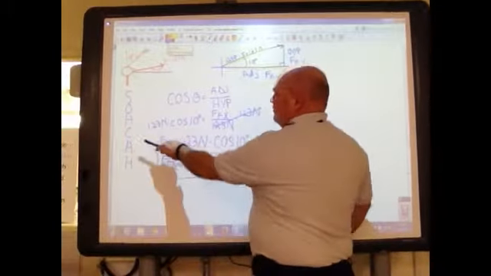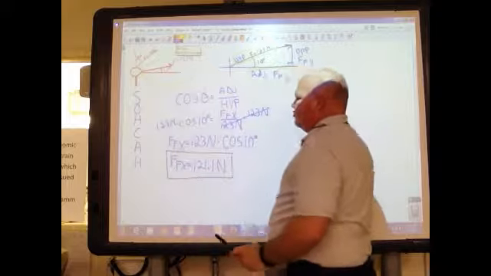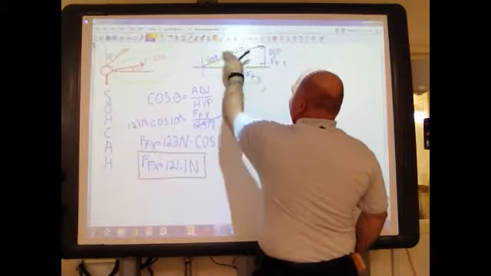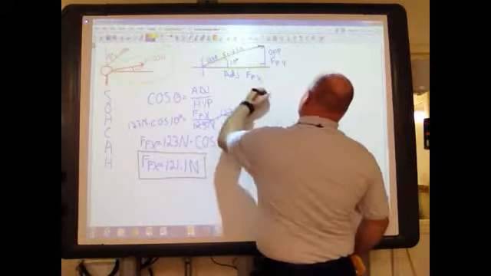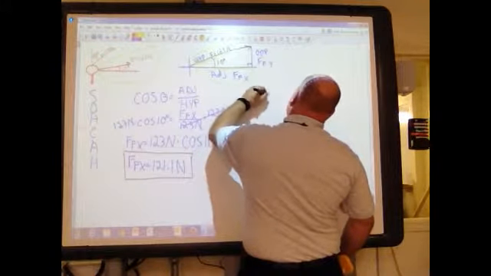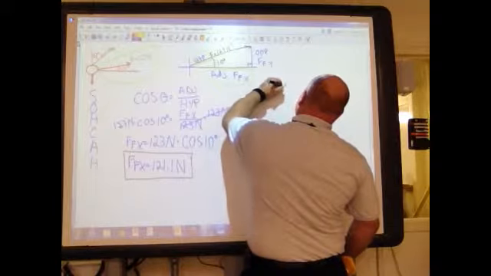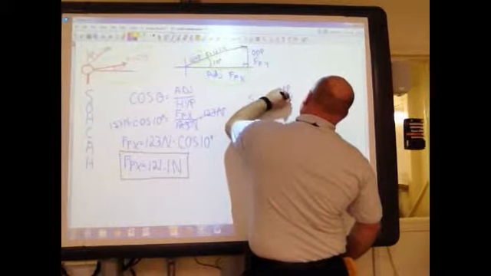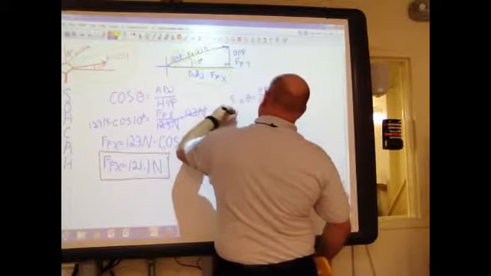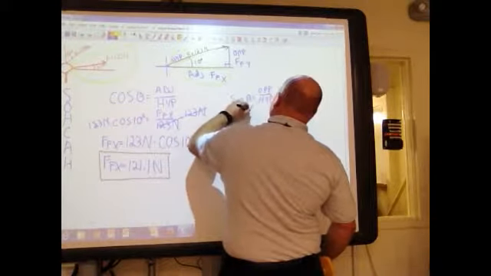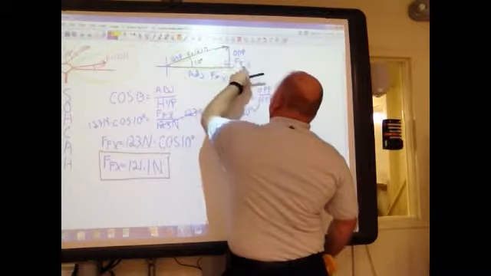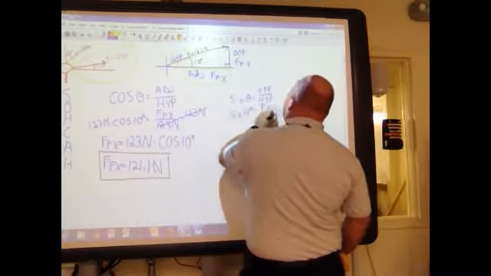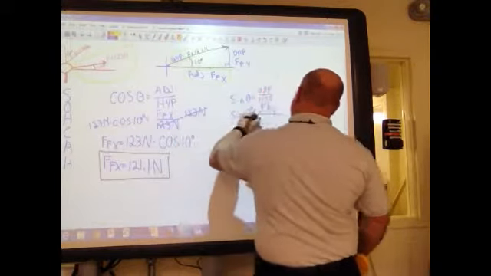Since I've used cosine, I'm now going to use the sine feature. And that'll give me the opposite over hypotenuse. So the sine of theta equals opposite over hypotenuse. Okay, so the sine of 10 degrees equals F sub y divided by 123 newtons.